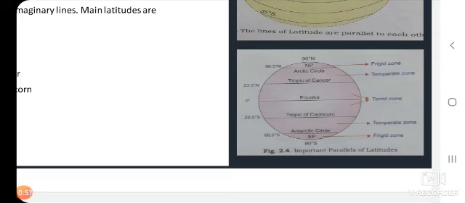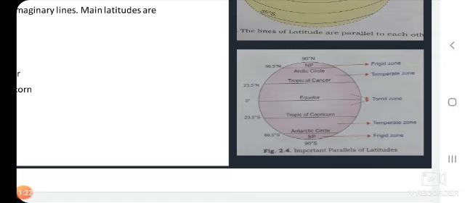Let me repeat, children, this is very much important. Briefly, latitudes are nothing but imaginary lines drawn on the globe. The main latitudes are the equator, the North Pole, the South Pole, the Tropic of Cancer, the Tropic of Capricorn, the Arctic Circle and the Antarctic Circle.